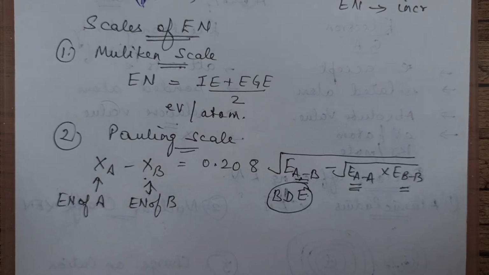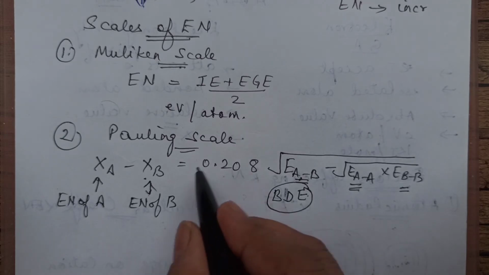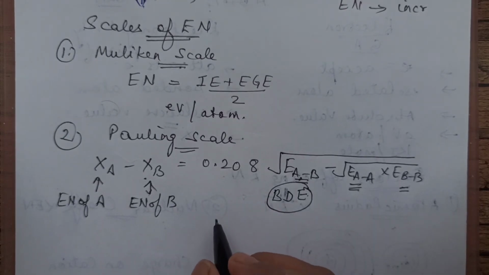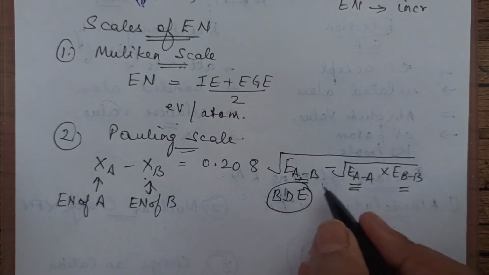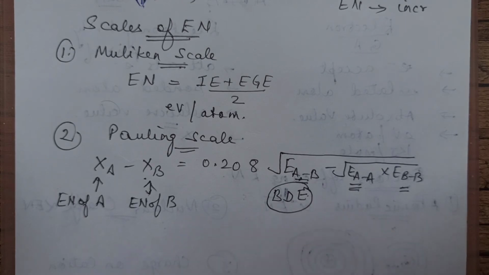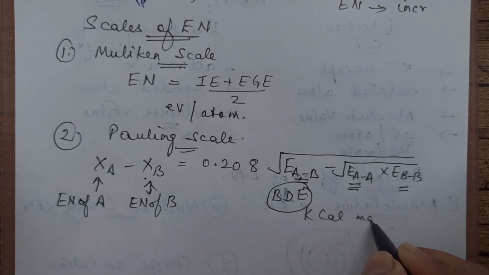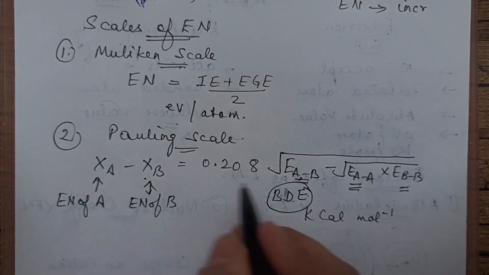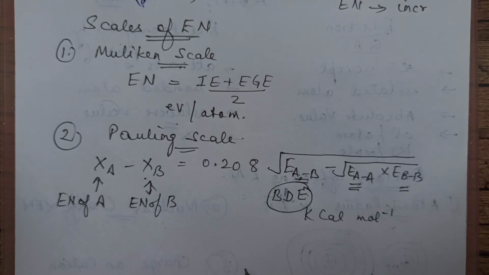Or at times, even if any one of these quantities is not known, then also we will be able to calculate. Now this formula, children, we use when these bond dissociation enthalpies are given in kilocalories per mole. Okay, this was given by Pauling.